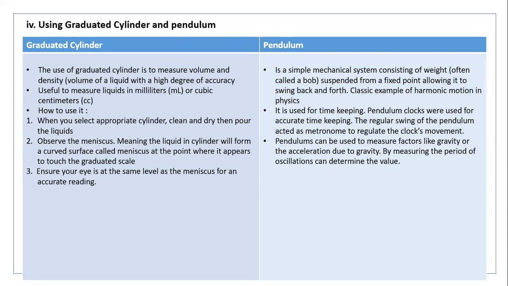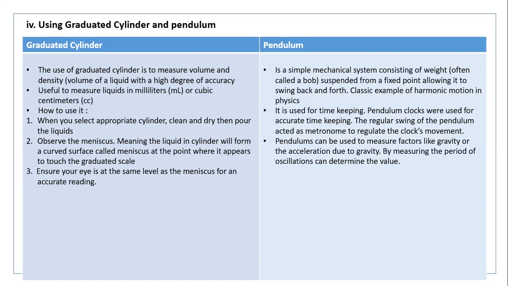Select an appropriate cylinder, clean and dry, then pour the liquid. Then you have to observe the meniscus, which is the curved surface the liquid in the cylinder forms at the point where it appears to touch the graduated scale. Finally, ensure your eyes are at the same level as the meniscus for an accurate reading.